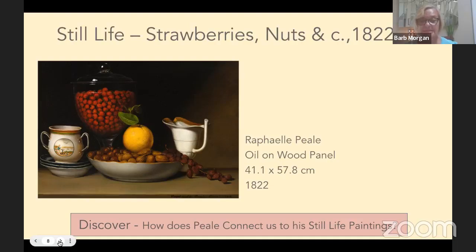Now, strawberries, nuts, and C. The C stands for crockery, which is the dishes basically that we see in that picture. And this was done in 1822. So the previous ones we looked at were 1815, 1816, and this is 1822. And he passed away in 1825.